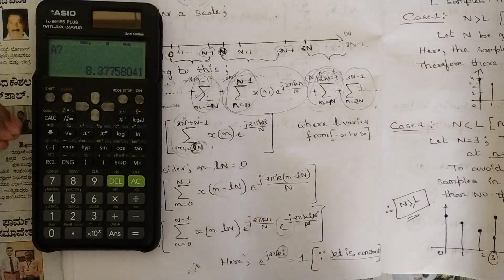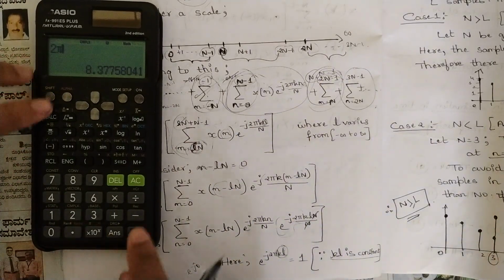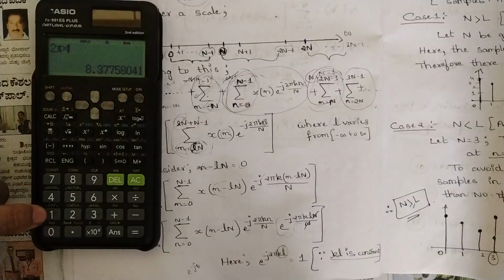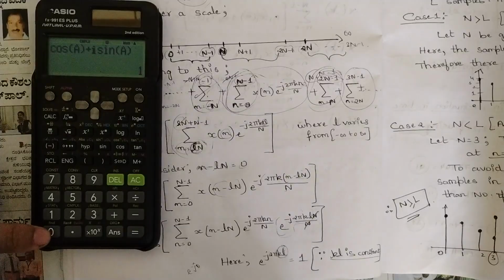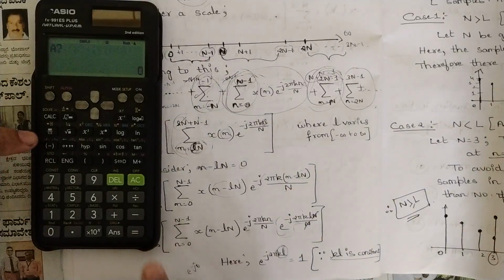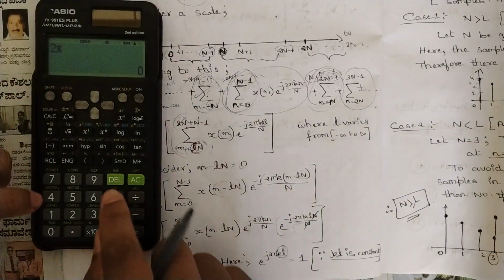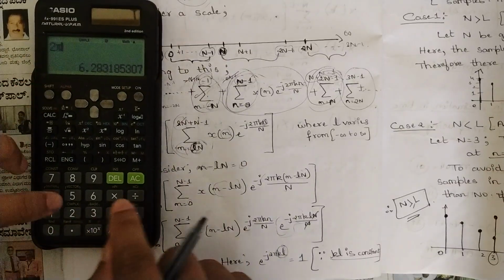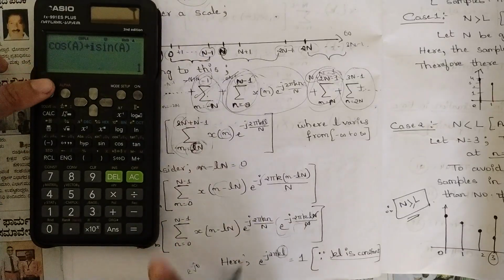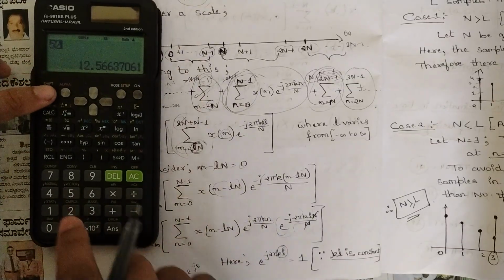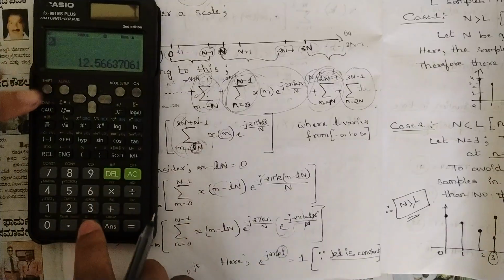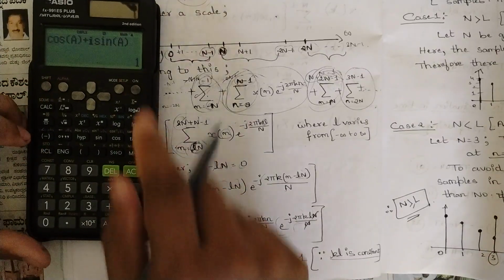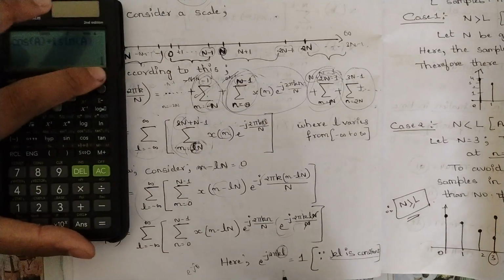Before that we should be multiplying it with 2 pi. First let us consider 0 only. See, our answer we got is 1. Next I am considering 2 pi into 1. Again we got 1. 2 pi into 2, we are getting 1. 2 pi into 3, again we are getting 1.